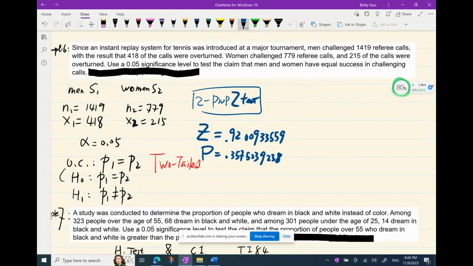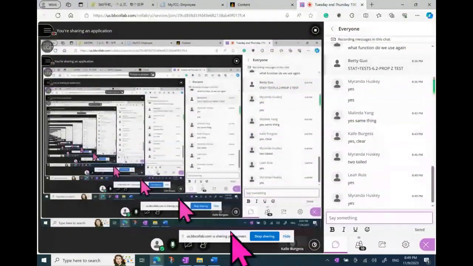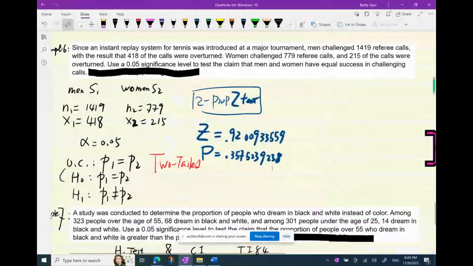P-value pretty high. It doesn't have E. Yeah, P-value pretty high. Do you have the same thing? Perfect. Awesome. All right. Again, p-value.